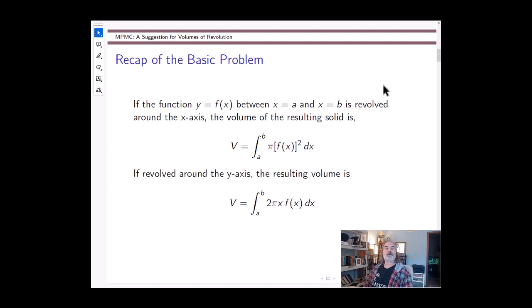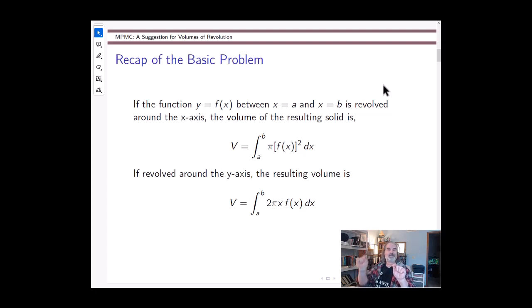If you take that function between the same two x endpoints, but this time swing it around the y-axis, then my finger is like one piece underneath that function. I swing it around like that. I've made a cylinder. The area of a cylinder is 2 pi rh, and so we go out to the point, that's the x coordinate or the radius of the cylinder.